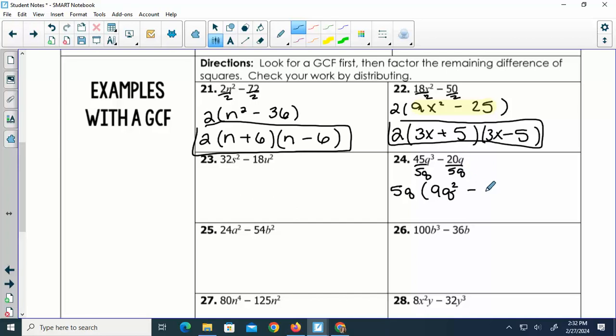Minus 20 divided by 5 is 4. And the q's cancel there. So now that's a difference of squares. 9q squared would break into 3q, 4 plus 2 and minus 2.